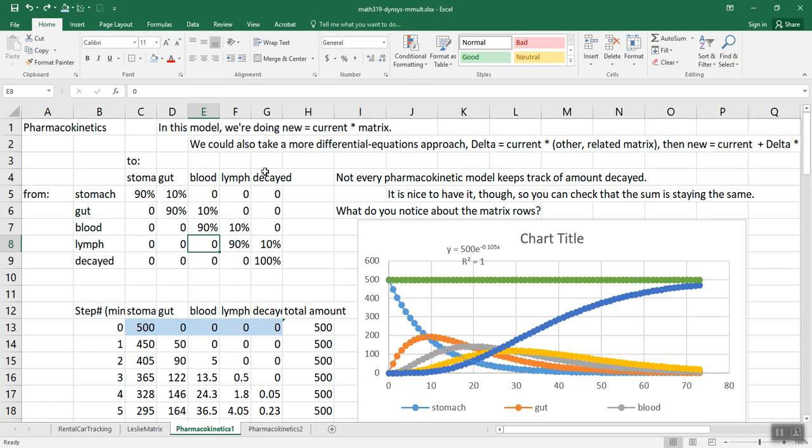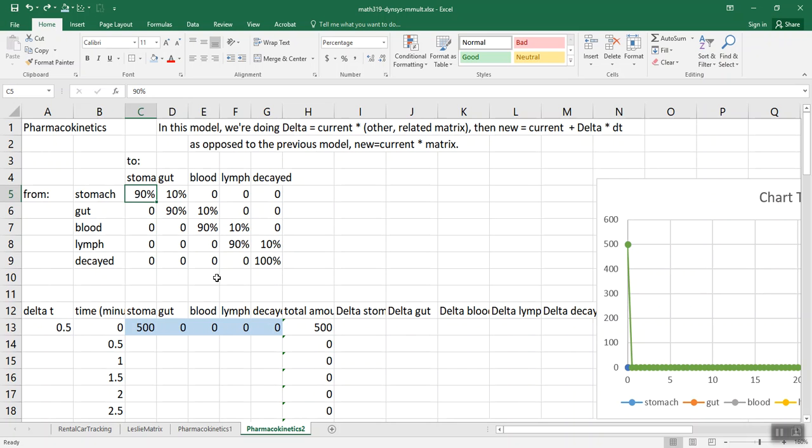One other thing here, we're doing this new equals current vector times matrix, which is a very dynamical systems kind of approach to it. Another way to do it is a more differential equations kind of approach, to talk about what delta is and then use delta, or the rate of change. So in this next one, let's do that.